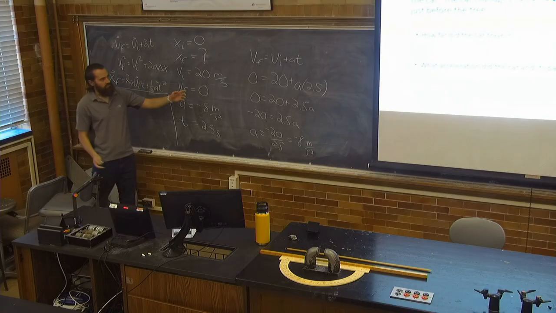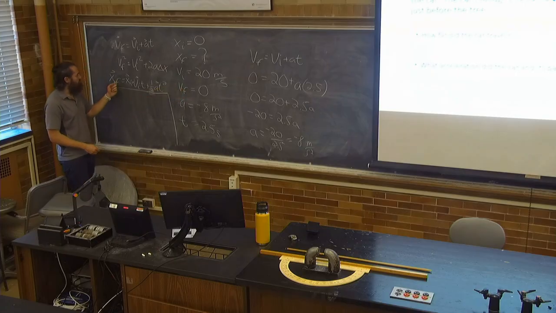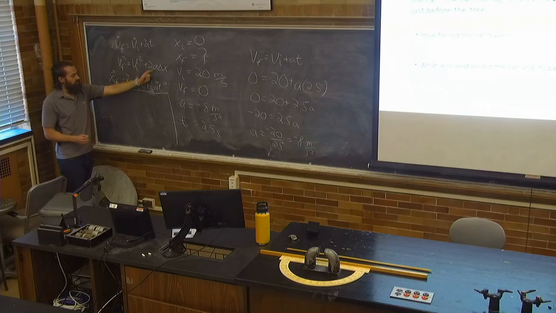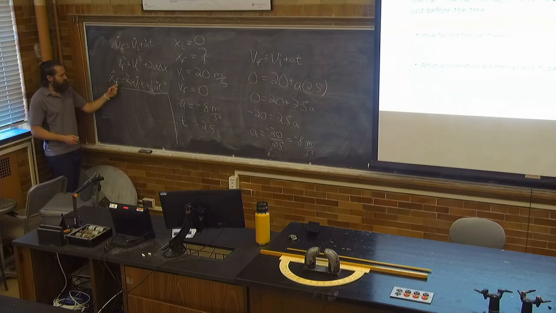And we do the same process. So now we want to find x final. We look at all of our equations. The top one doesn't have x final, so we aren't going to use that one. The second equation does, and the third equation does. So you could use either of these equations to solve for x final. I'm going to pick this one because x final is already by itself.